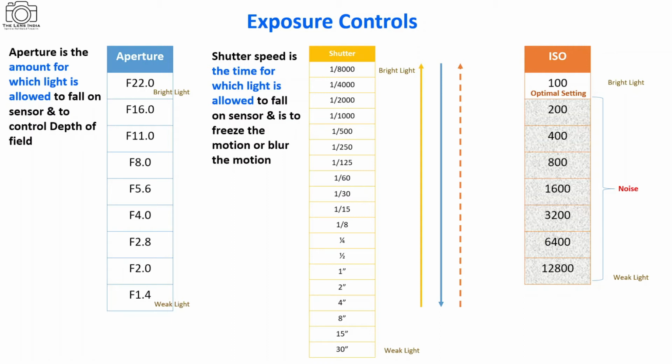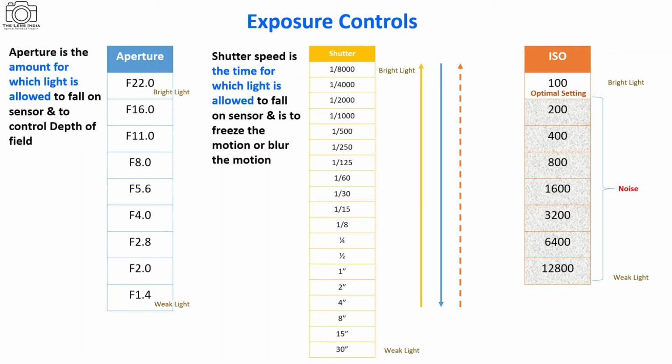This stands for the International Organization for Standardization. Whatever digits are mentioned in the camera settings, you can see numbers like 100, 200, 400, and it goes up to 12,800. In some cameras you will also find that 25,600 is a setting.